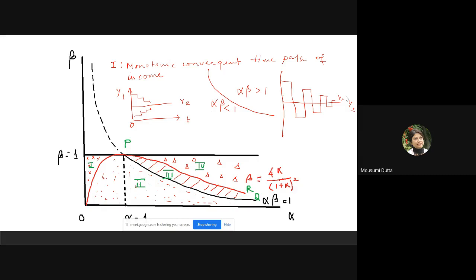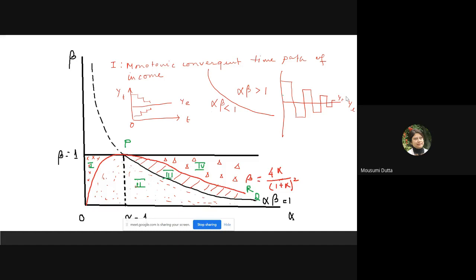Next, in zone 3, beta greater than 1 upon alpha.